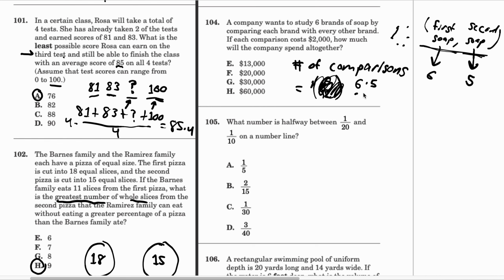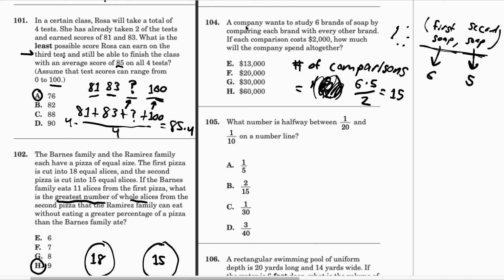But we have to divide by 2, and the reason for this is, let's say you were to swap the first soap and the second soap that's being compared. Well, you would still have the same comparison, right? It doesn't matter what order you're comparing them in. And so that's why we have to divide by 2, because we're double counting the number of comparisons. So the number of comparisons would therefore be 15.